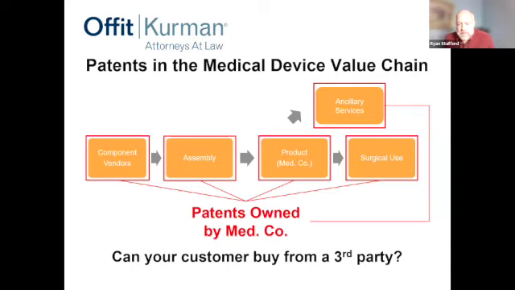So when you say surgical use, is that what you're talking about, like the intended outcome of any particular feature, or the intent? I don't know if I would say the intended outcome, but in my mind, when I'm thinking surgical use, I'm thinking who is the professional doing what to the product, to the patient.